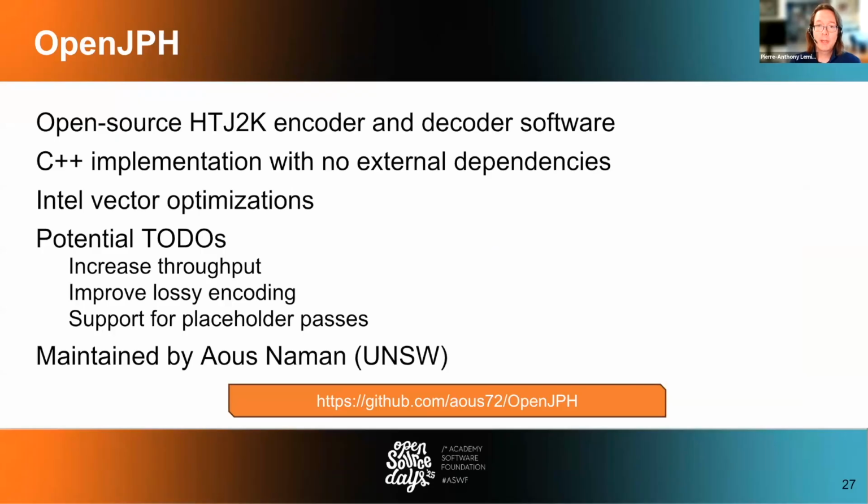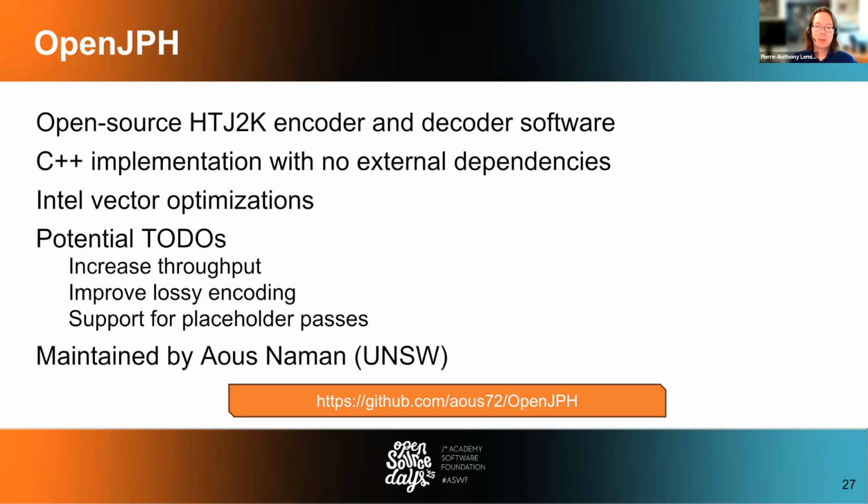All right, so OpenJPH. I really want to give some kudos to Aus, who I think is on the call and is available for questions, because this would not have been possible without OpenJPH, which is an open source C++ implementation of an HTJ2K encoder and decoder. It's available on GitHub at the address below.